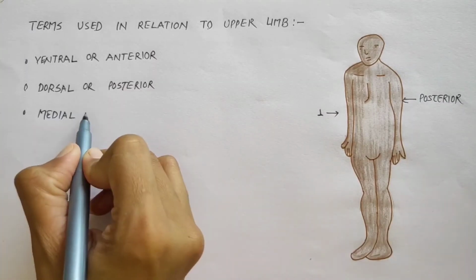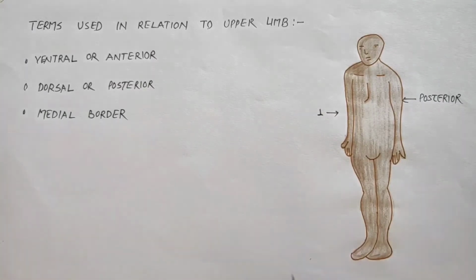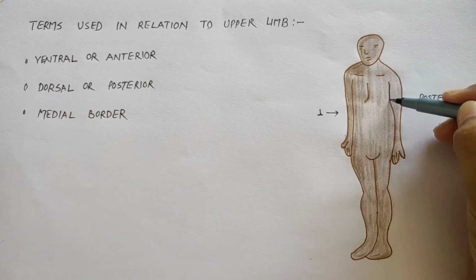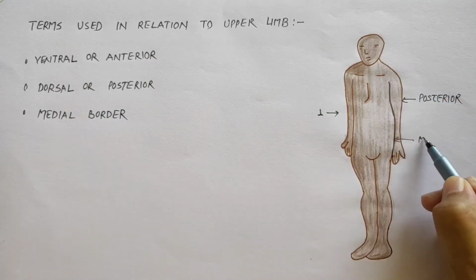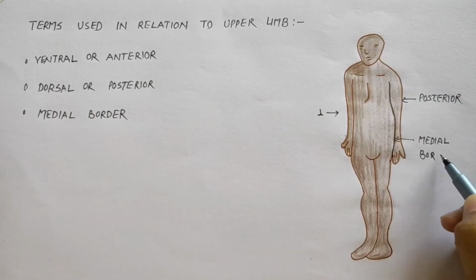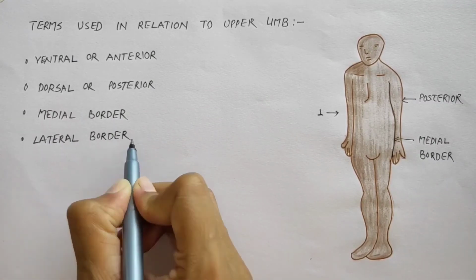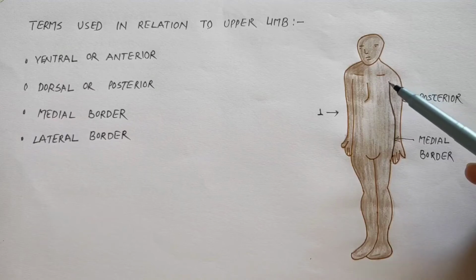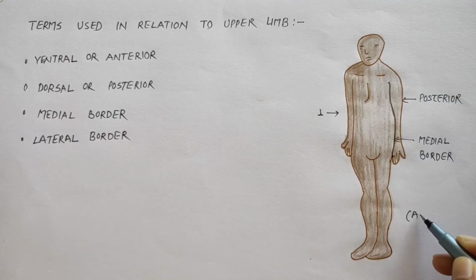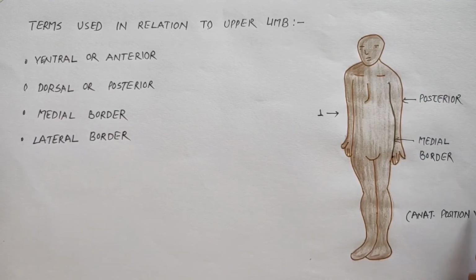Medial border lies along the little finger, the medial border of forearm and arm. Lateral border follows the thumb, the lateral border of forearm and arm.